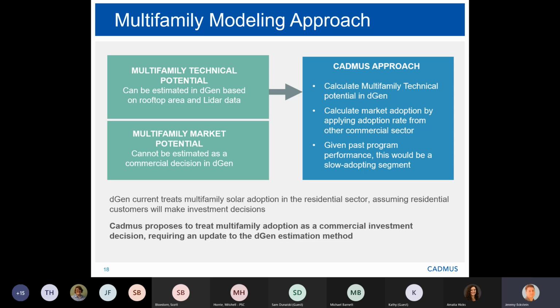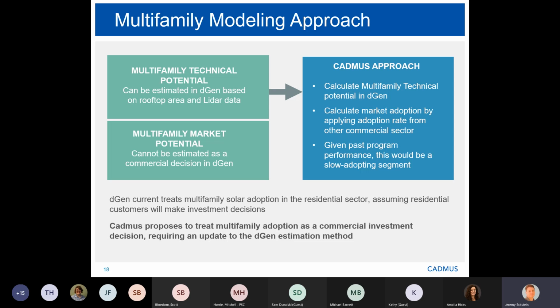We talked about this prior, but we're not looking at multifamily as an individual tenant or unit resident investment decision. We're looking at it as a building owner decision point. So we need to make some adjustments to how to model this.